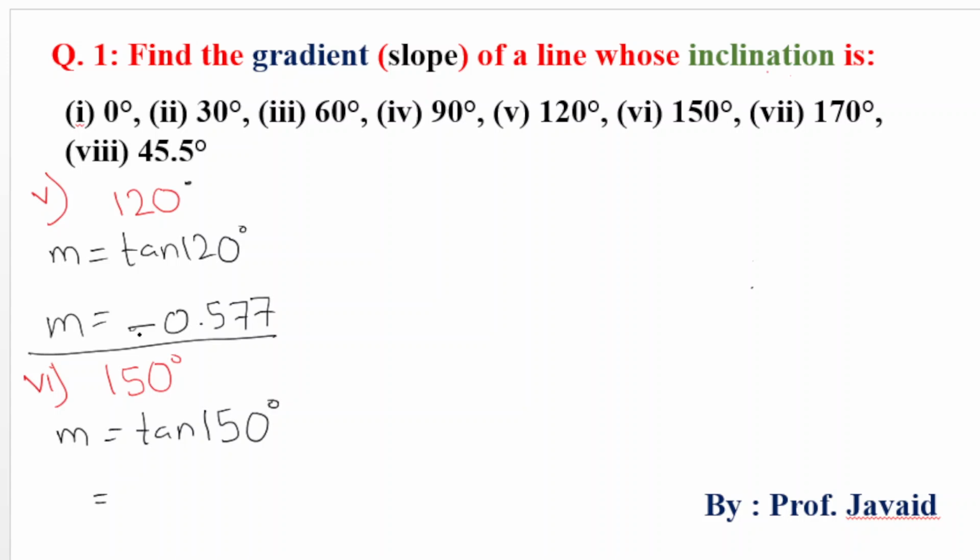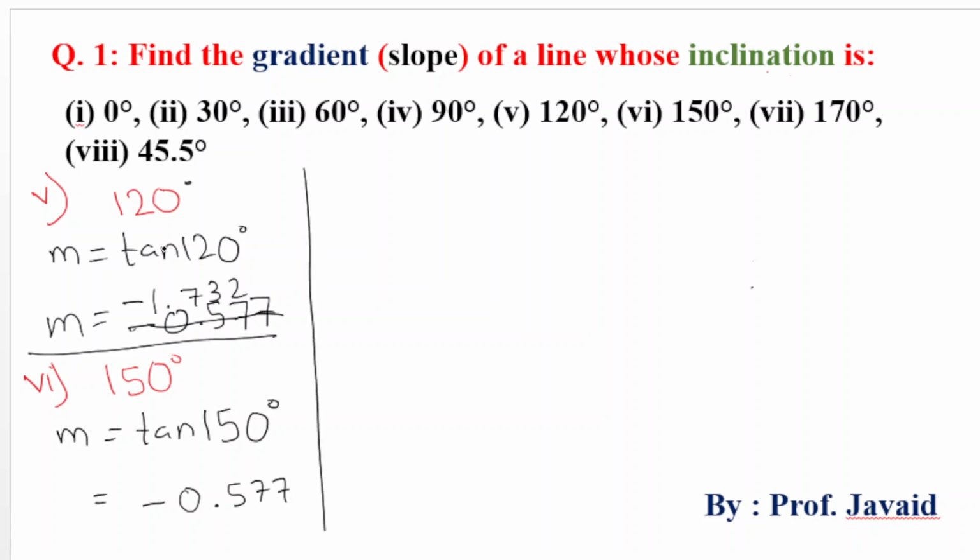Still I made a mistake, so tan 120 with the help of calculator I just found, because I'm working here and also using the calculator, so it's a little bit difficult. I'm already excusing because it's a calculator mistake. So tan 150 is still in the second quadrant, so that will be 0.577 with a negative sign.